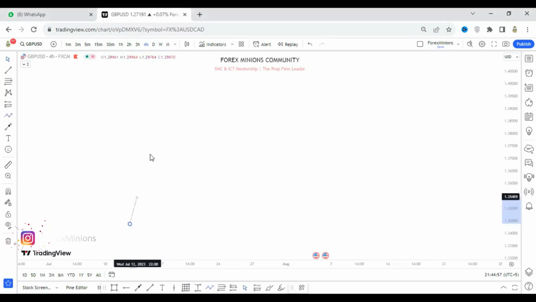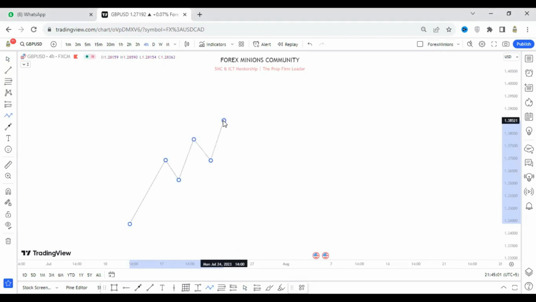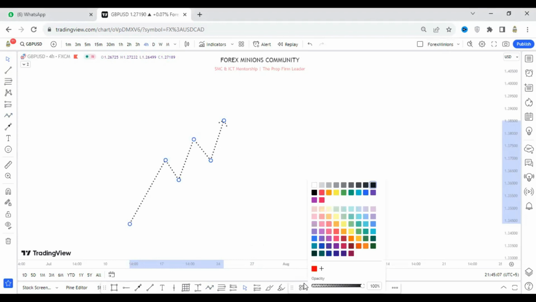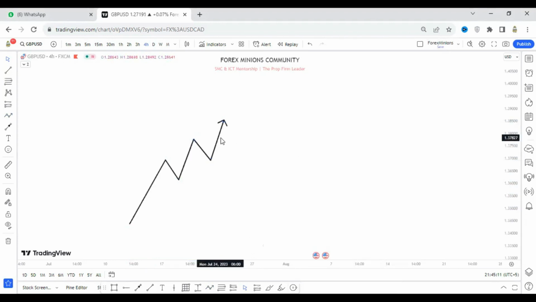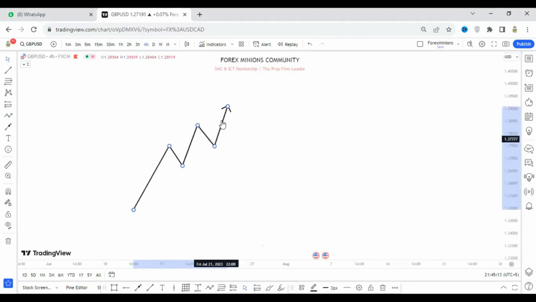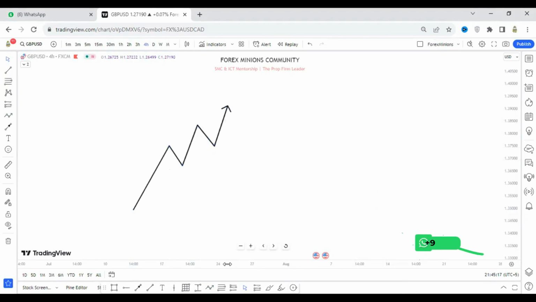For example, the market is bullish, and we would like to sell, or we would like to buy.